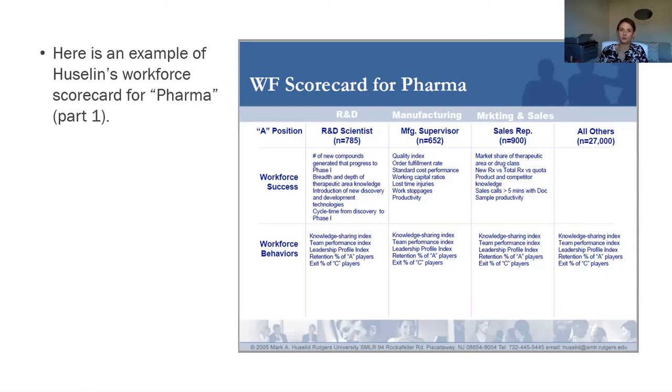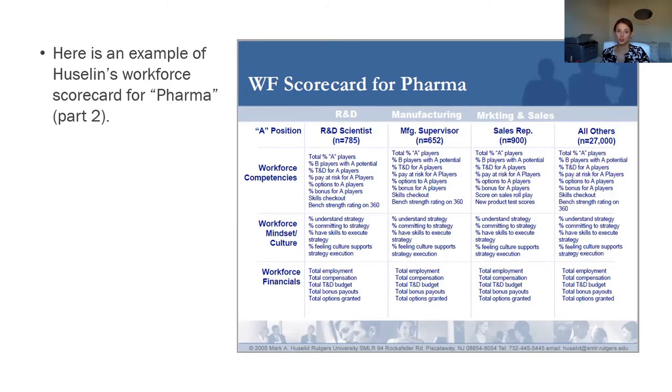Here we have part 2 of that same scorecard. You can look at the competencies that we're expecting. Marketing and sales department, they're going to look at the pay and the bonus, how many of the best employees are earning those extra options and those extra bonuses.